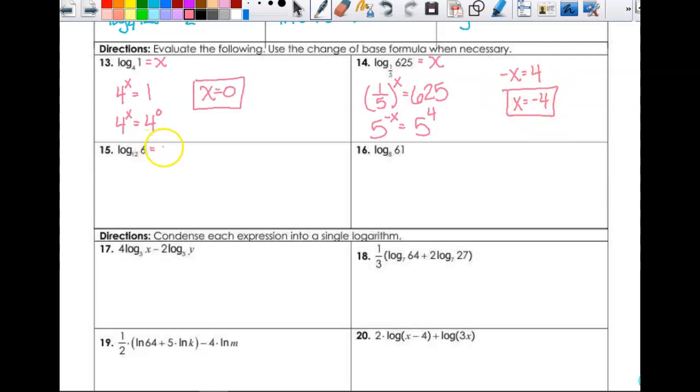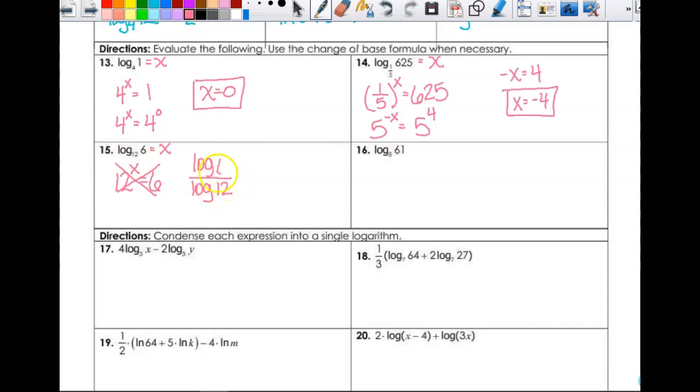Then I'm going to rewrite this. I'm going to get 12 to the x power equals 6. So I can't get common bases here, but it says evaluate the following, use the change of base formula when necessary. So I wrote this out, but it doesn't work for me. So I'm going to go back up and look at this, and the change of base formula is going to give me a log over a log, common log, and the base goes on the bottom.